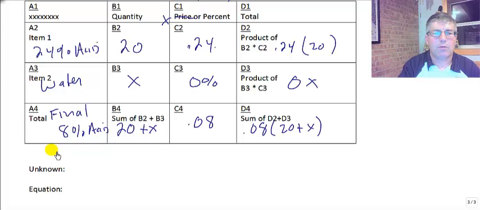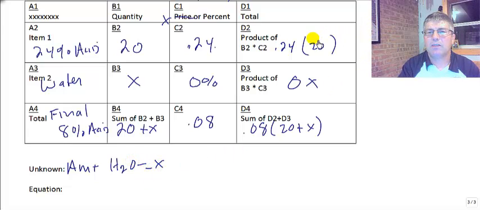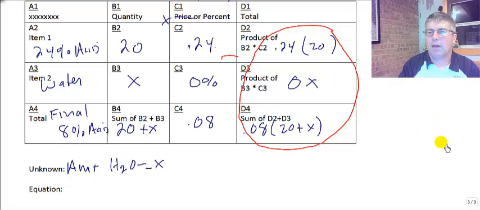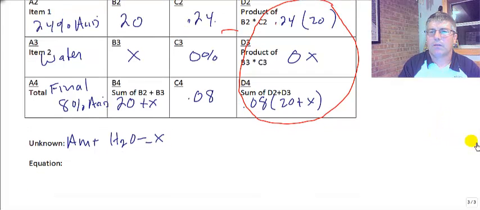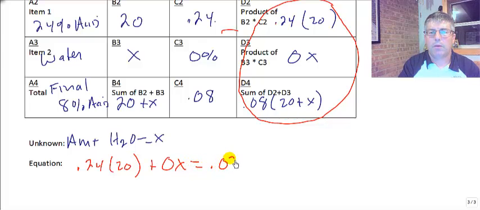So my unknown is the amount of water, and my equation is sitting right here in this column. So my equation, 0.24 times 20 plus 0x, that's going to go away, equals 0.08 times 20 plus x.